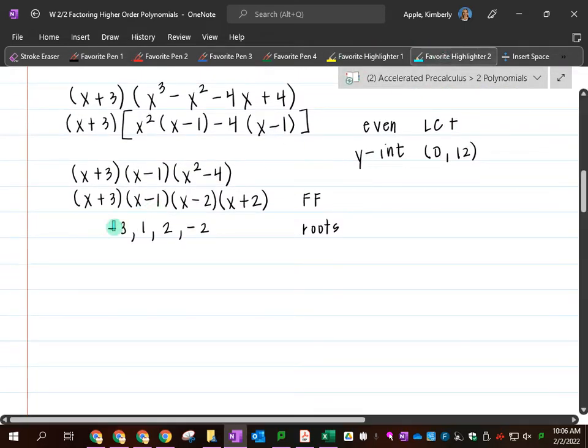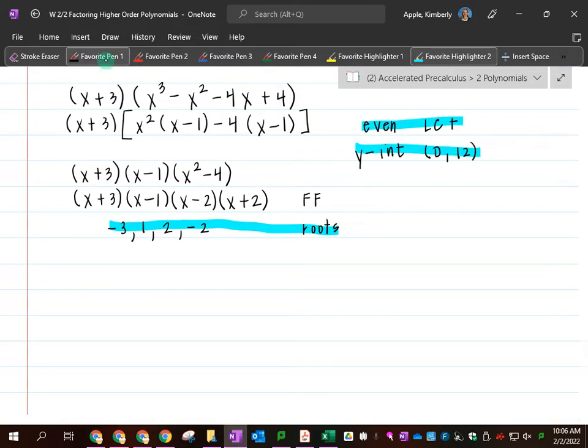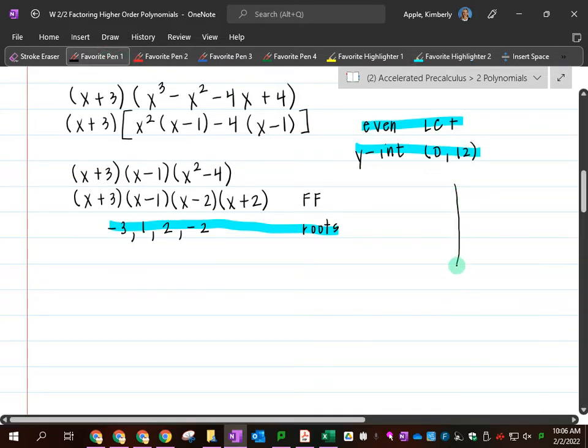So with this information, I can sketch the function. So let's go ahead and do that. That's junky, but it's okay. So I have a y-intercept at (0, 12). So I'll just say, that's 12.